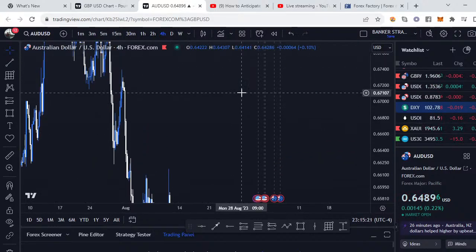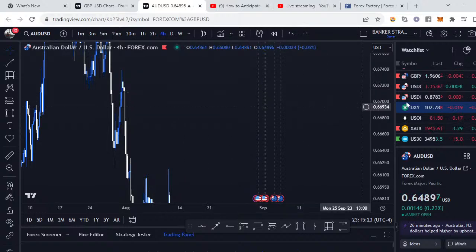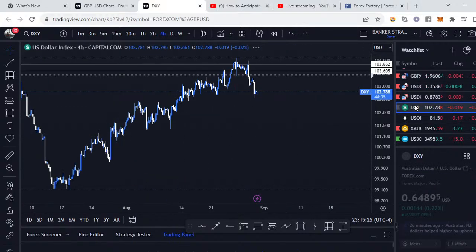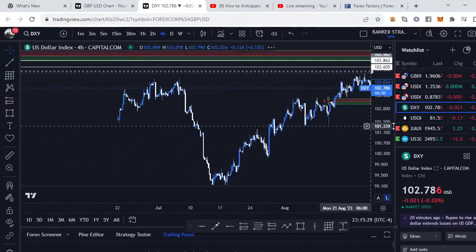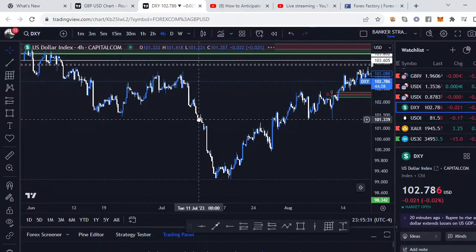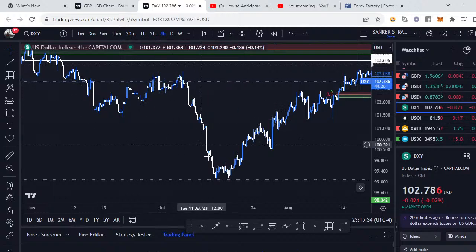All right, so let's go back to the DXY. The DXY is the strength of the US dollar.